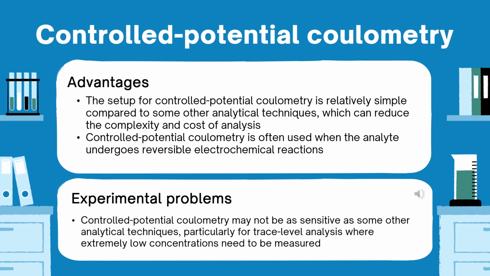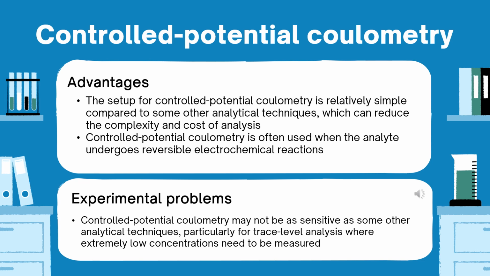So one of the many advantages of controlled potential coulometry is that it is highly precise, particularly for samples with small concentrations. It is also versatile, which means it can be applied to a wide range of analytes in organic compounds.